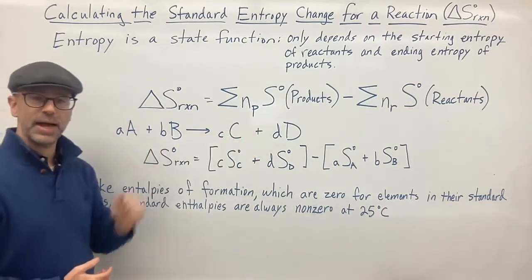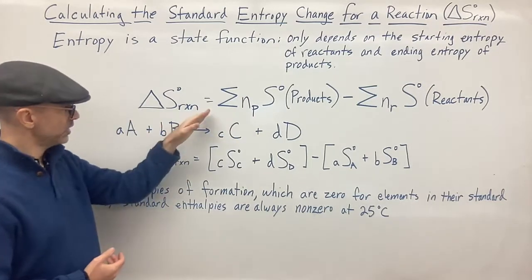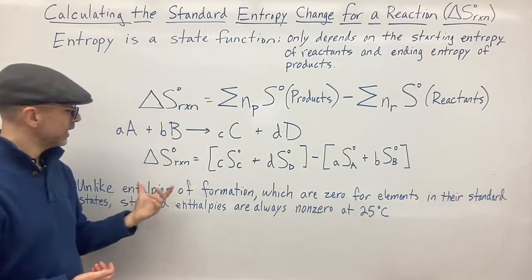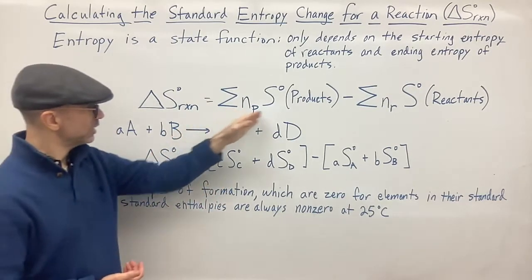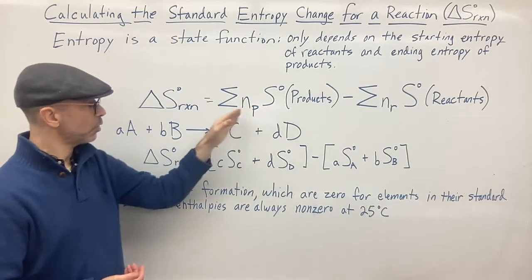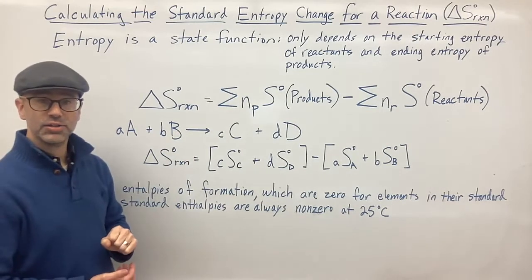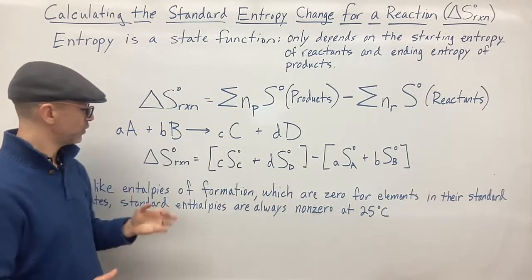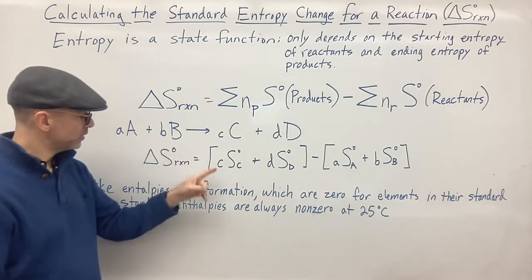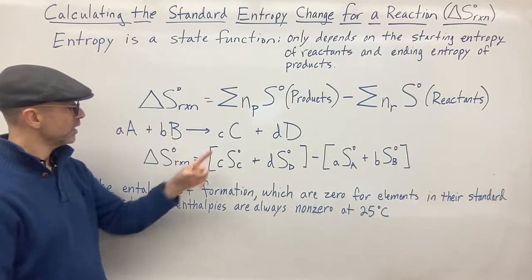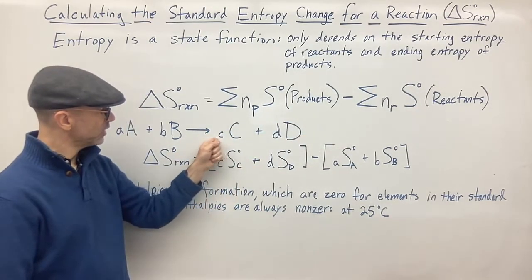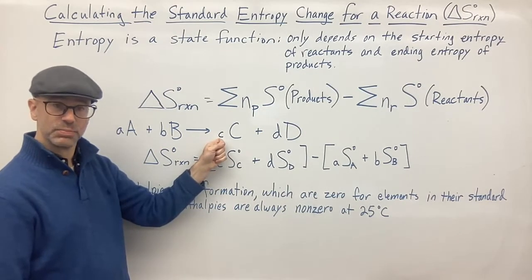If this is my balanced equation, then to calculate the standard entropy change of the reaction, as the equation says, I'm going to take the standard entropy of the products multiplied by their stoichiometric coefficients, which are the coefficients in the balanced equation. It's products minus reactants.